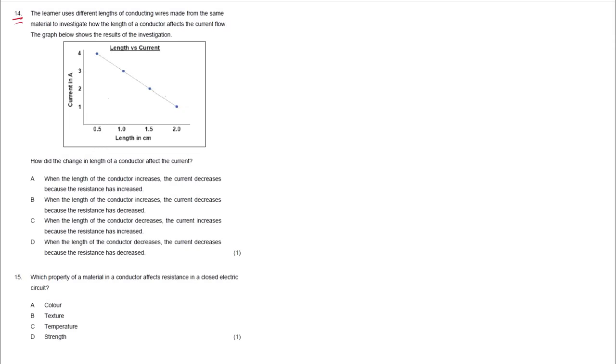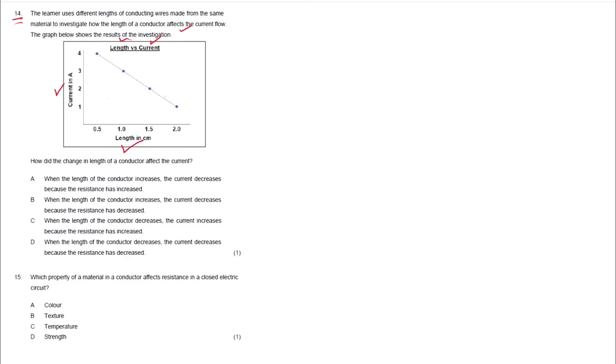And we are told that the graph below shows the results of the investigation. So we have the length versus the current. So before we even go to our questions, we need to study the graph that we are given and see the relationship between the two variables.